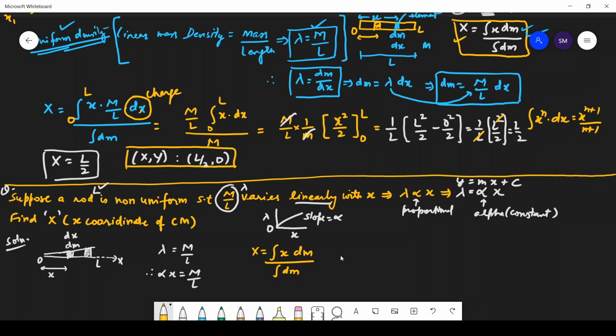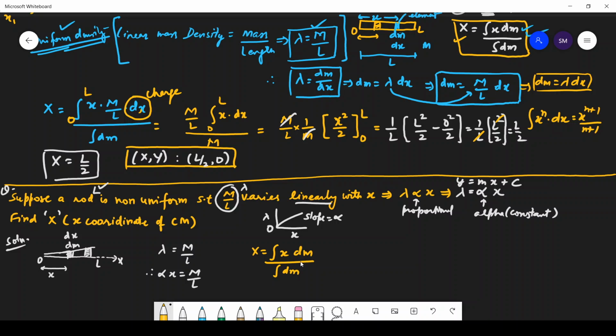Now here also, the same thing we have written, that dm was equal to lambda dx, isn't it?